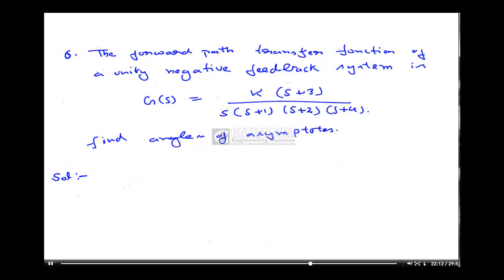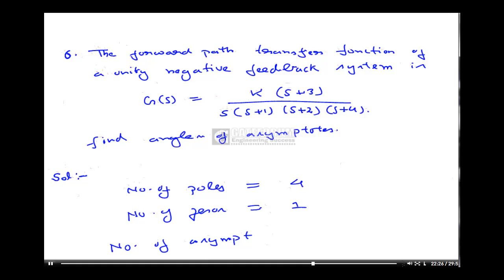Number of poles is 4, number of zeros is 1. Then the number of asymptotes is 4 minus 1, equal to 3.